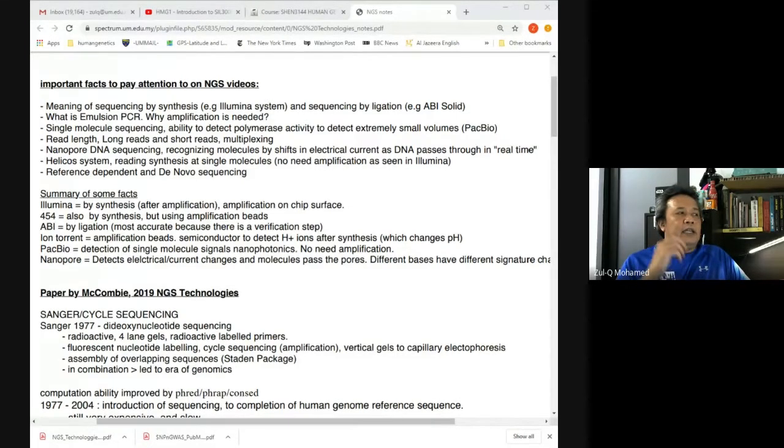Okay. Now, the Roche 454 is also sequencing by synthesis. It is also amplification based. It needs to amplify, but how does it amplify? Instead of using a bridge like Illumina, they use beads, right? These beads have oligonucleotides that allow your fragment to bind, only one fragment for each bead, and then they do amplification, all right?